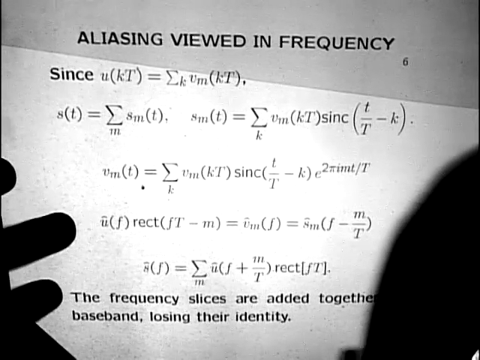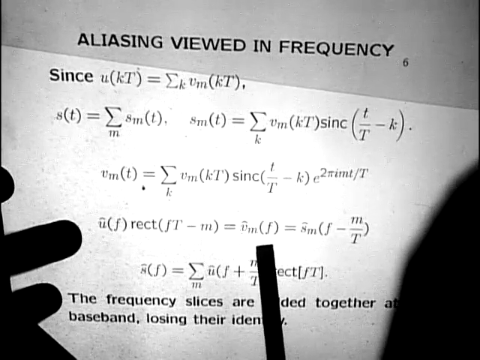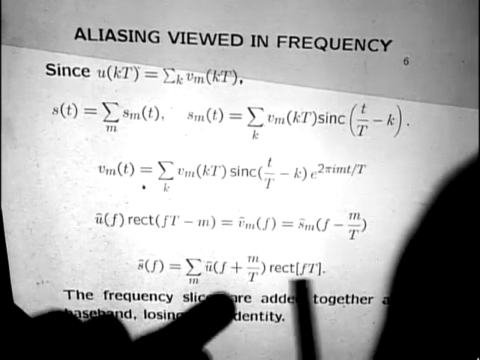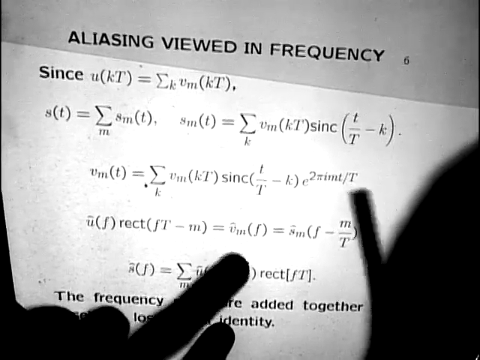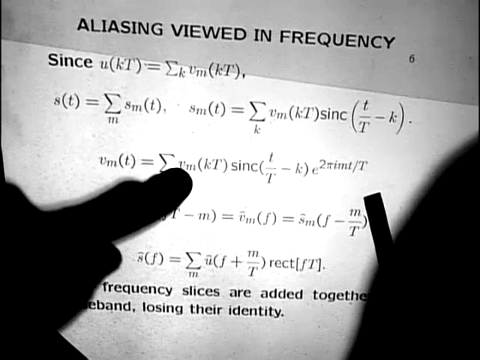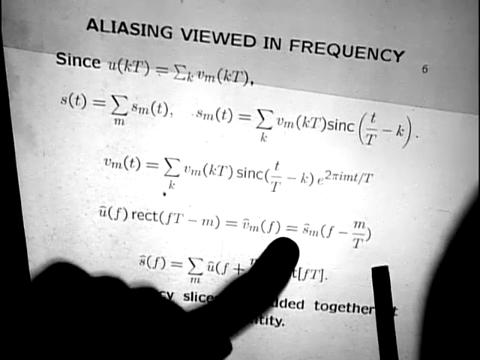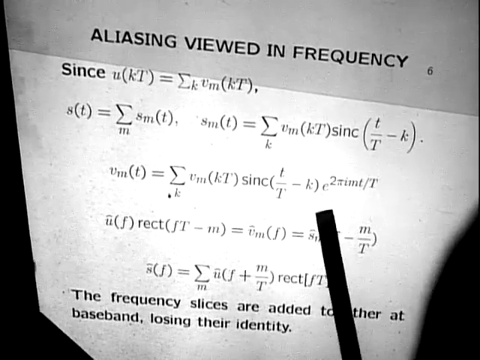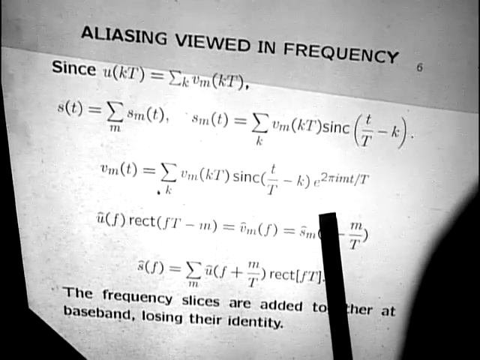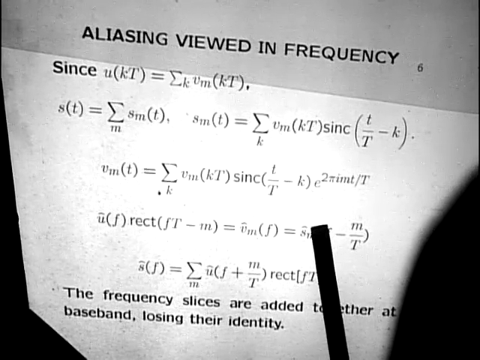So the thing we can then say is that v_m of f, namely the Fourier transform of this, differs from the Fourier transform of this just by a frequency shift. If we take the frequency shift formula in frequency and look at it in time, it just becomes that rotating term there. Okay? Namely, frequency shifts look like complex exponential multipliers.